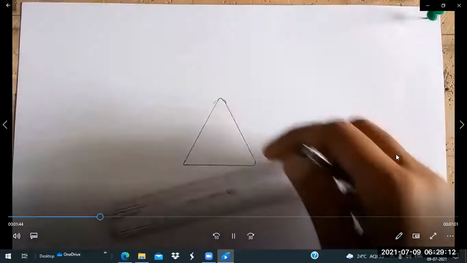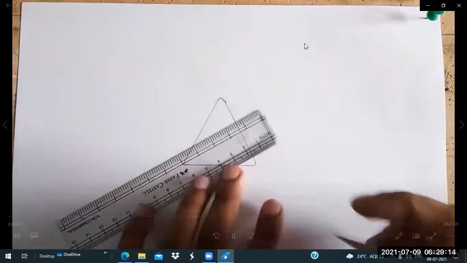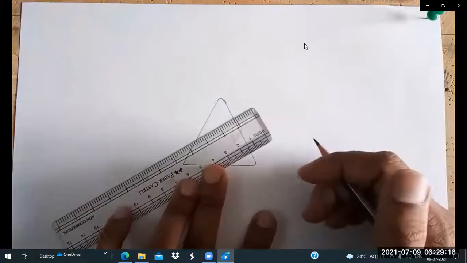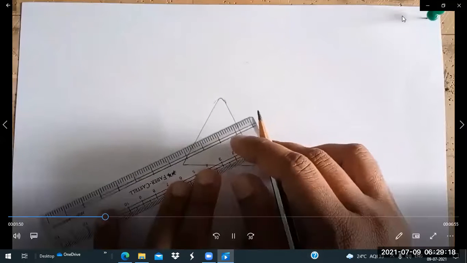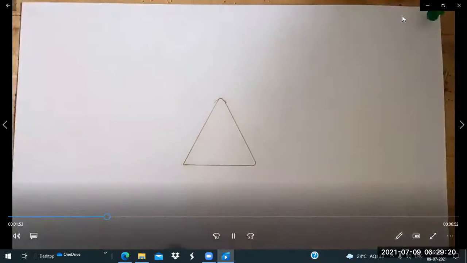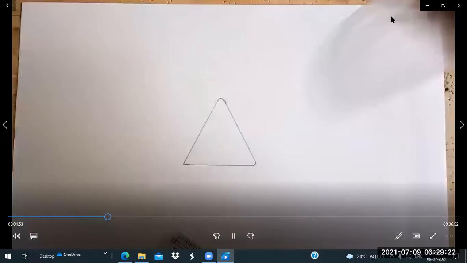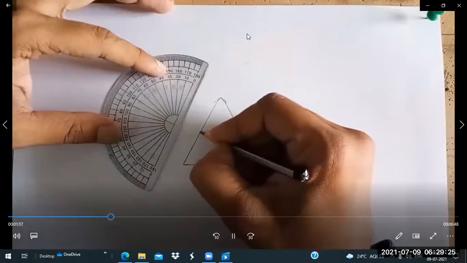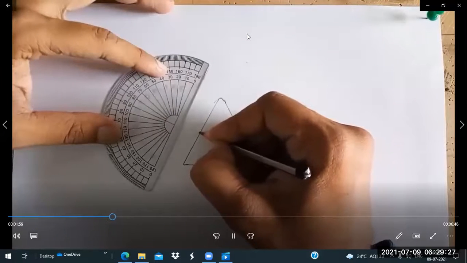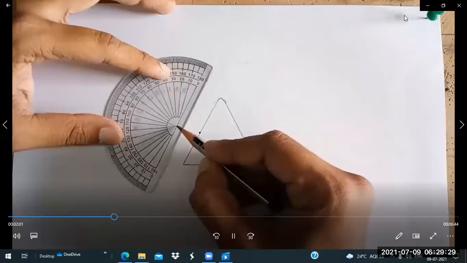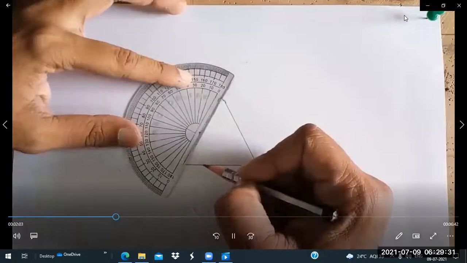Now we are going to make an incident ray, and say for example, I wish to make the angle of incidence 60 degree. I choose this point to be the point of incidence. So this part of the protractor, I need to put over here.